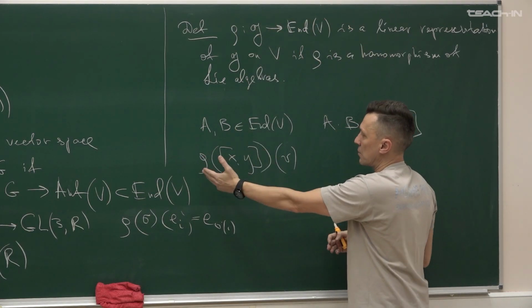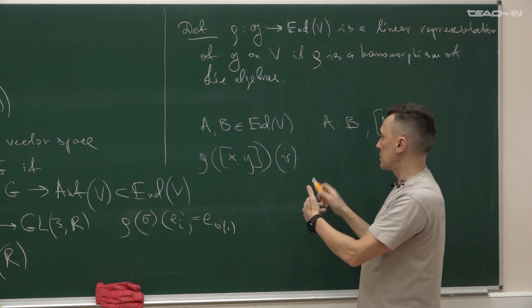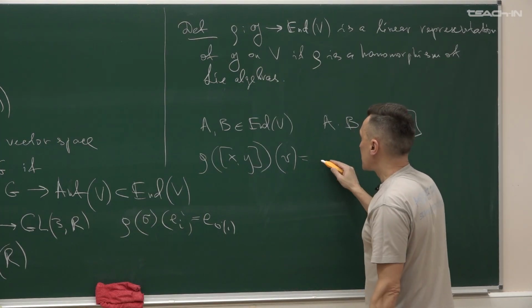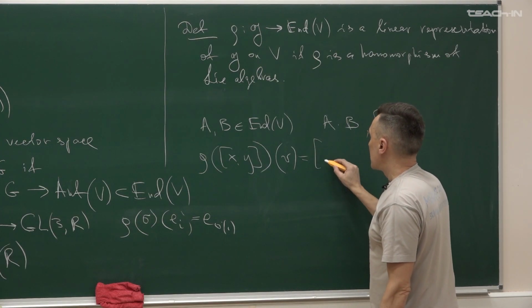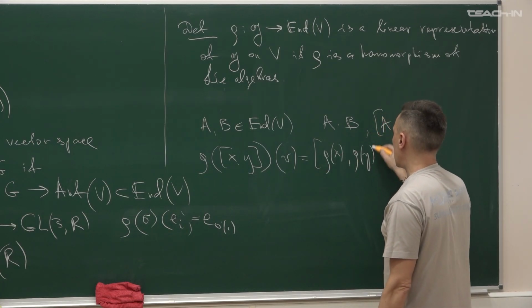So we obtain some linear operator on the space V. We can apply it to this vector v, and it should be the same as the commutator of two linear operators.